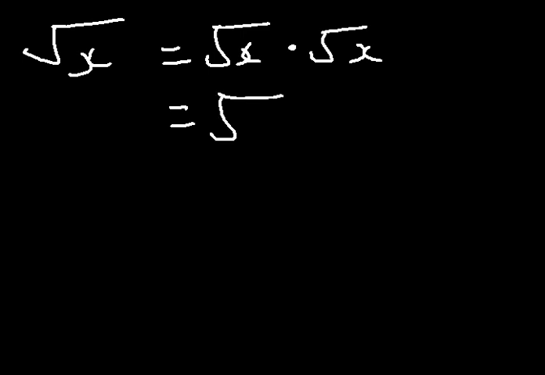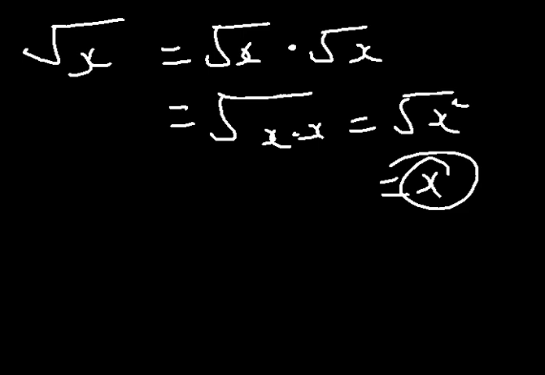As it stands, x has the power 1, so the simplest way is to multiply this by the square root of x. We'll have the square root of x times another square root of x. Since the roots are the same, this is the square root of x times x, which is the square root of x squared. So in this case we have x. The square root has been eliminated, as you can see.